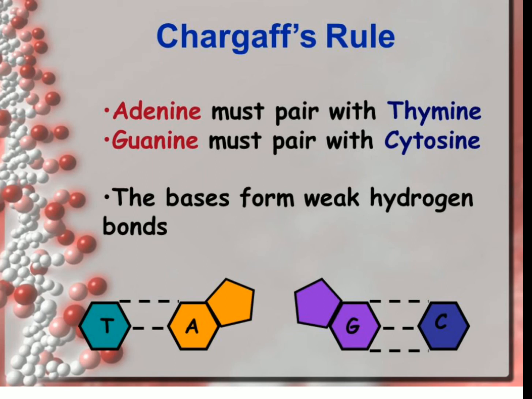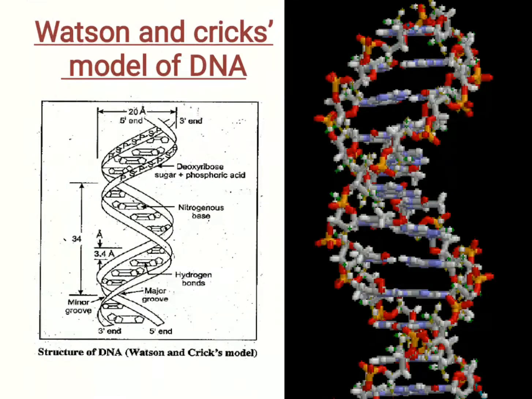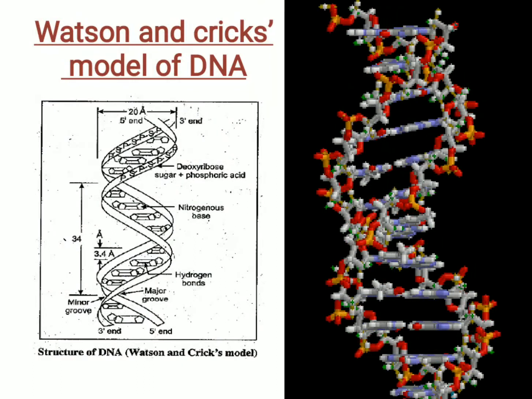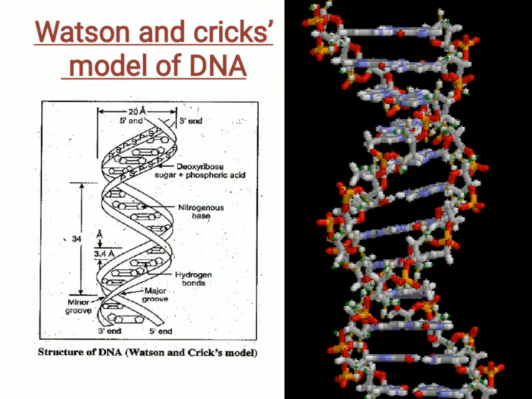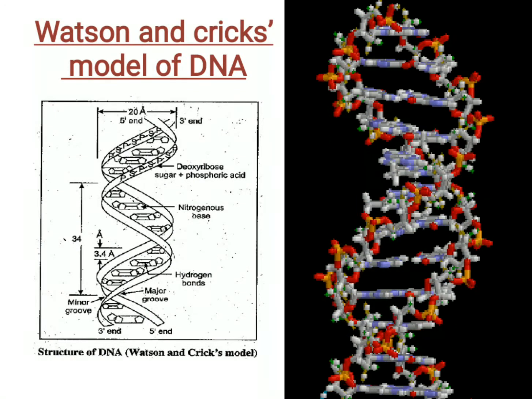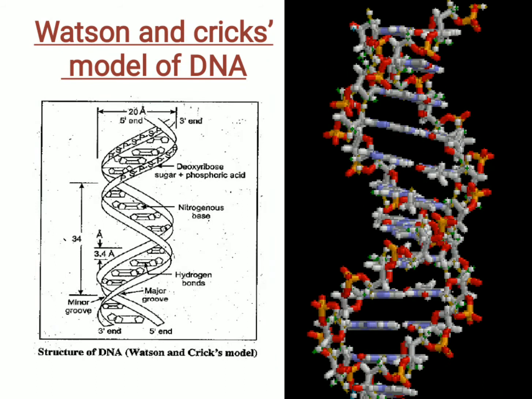Then the two double-stranded DNA, let us call them the daughter DNA, thus produced would be identical to the parental DNA molecule. Because of this, the genetic implication of the DNA became very clear, and two scientists, James Watson and Francis Crick, gave the model based on X-ray diffraction, modern techniques and previous knowledge.